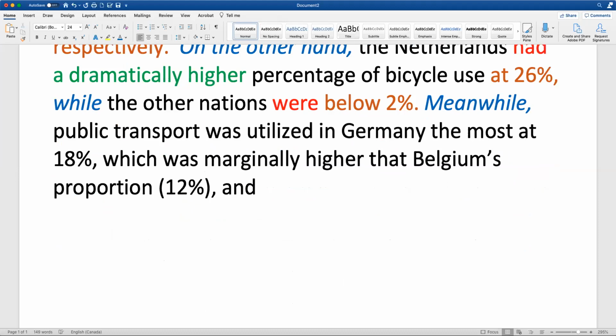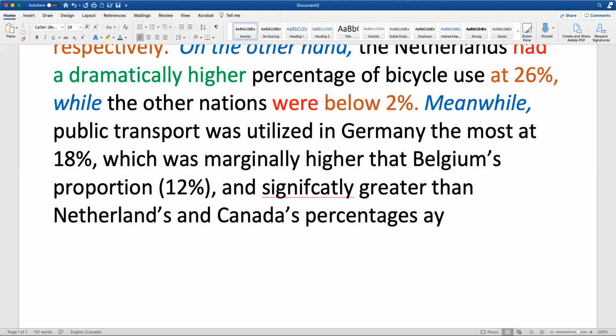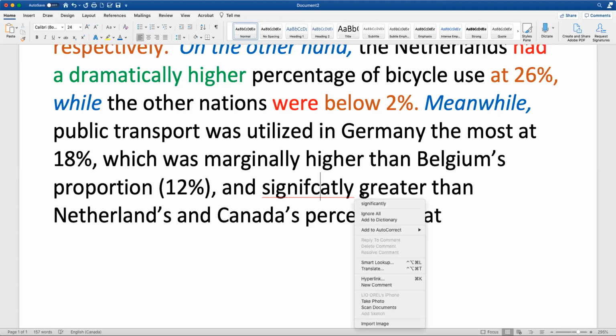And significantly greater than, I think higher. Netherlands and Canada's percentages higher than Belgium. Yeah, higher than. Okay, thank you.